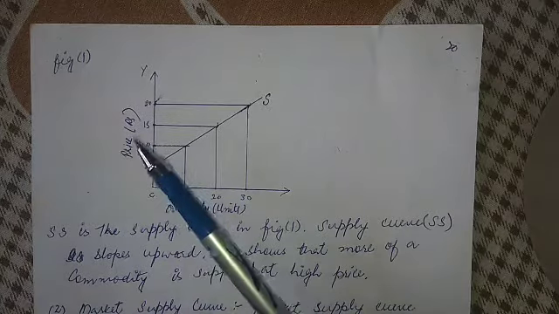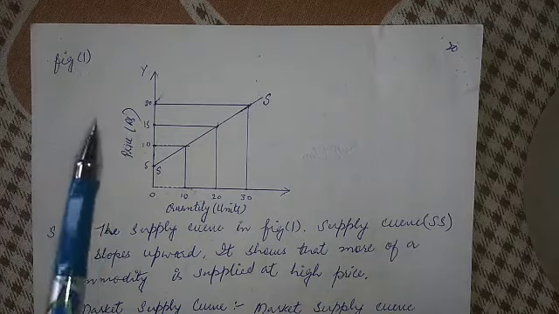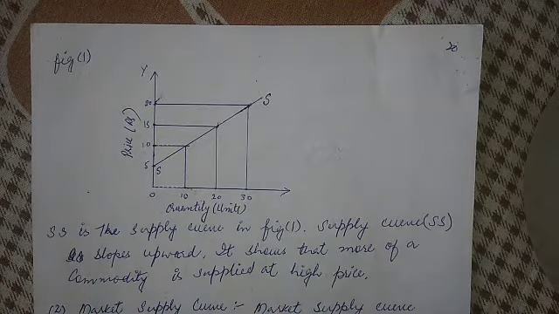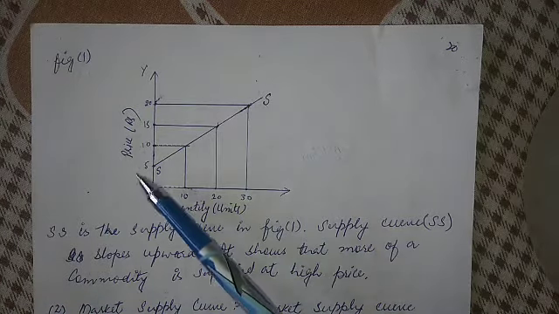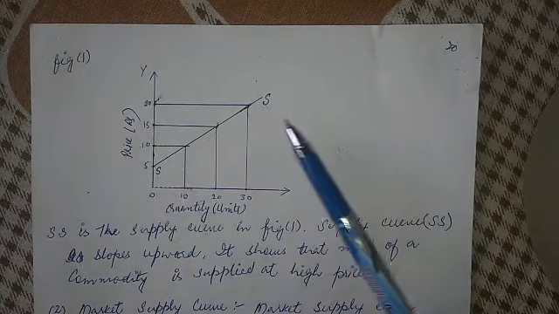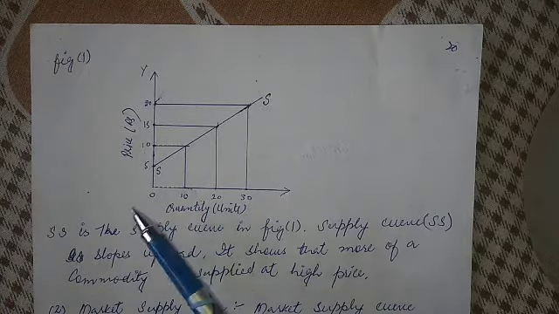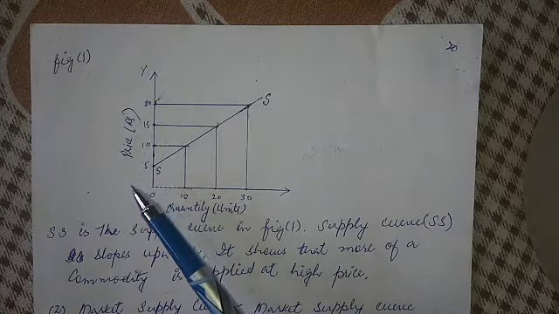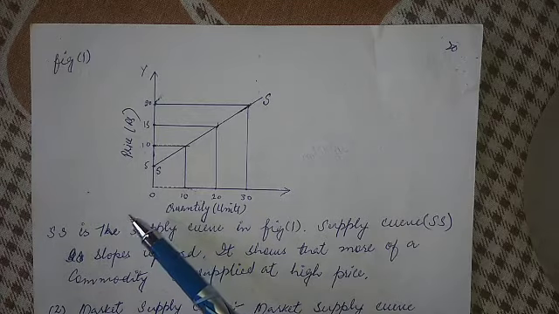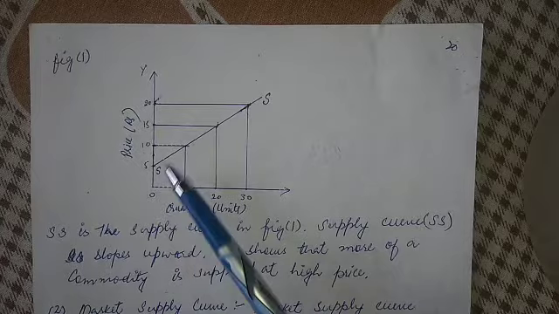In figure 1, SS is the supply curve. It has a positive slope, showing that as the price rises, the supply extends. If the price is rupees 5, the firm is not prepared to sell any quantity of the commodity.